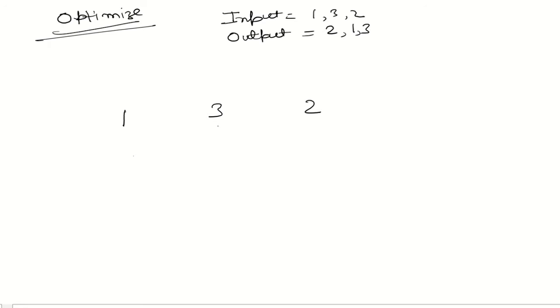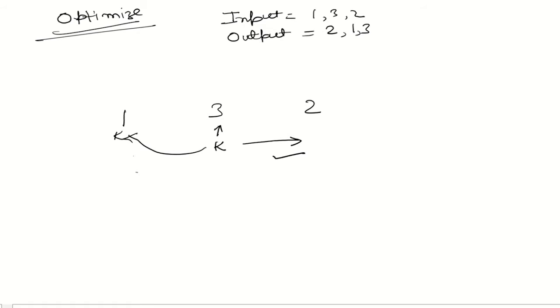Initially we'll point k over here, right? Now we'll see whether the right side of k is sorted. Yes, 3 2 is sorted. So we'll move our k by one position. So k will be here.